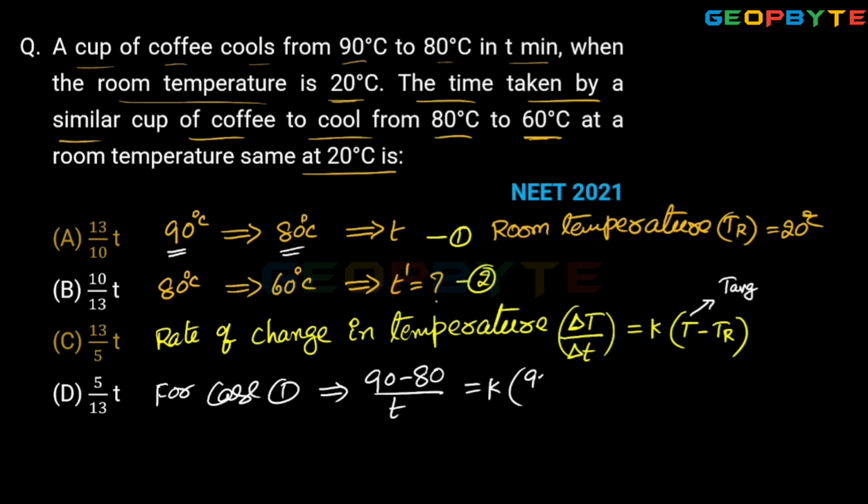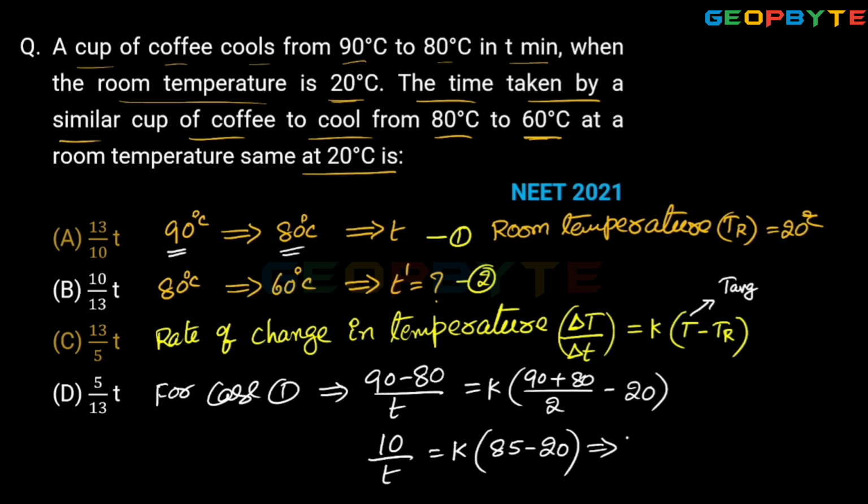That is 90 plus 80 divided by 2 minus room temperature. Room temperature is given as 20 degrees centigrade. It is 90 minus 80, 10 by T equal to K into 90 plus 80, 170 divided by 2, 85 minus 20. So from this I can write that 10 by T equal to K into 65.